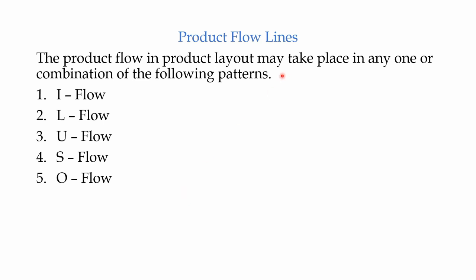Or O flow. Suppose the machines or equipment are arranged in a circular pattern so that it will enter from one end, move in a circular path like this, and then move out. So this is how we can arrange the machines within the plant so that the product may follow an L shape, I shape, U shape, S shape or O shape pattern, and it will move accordingly.